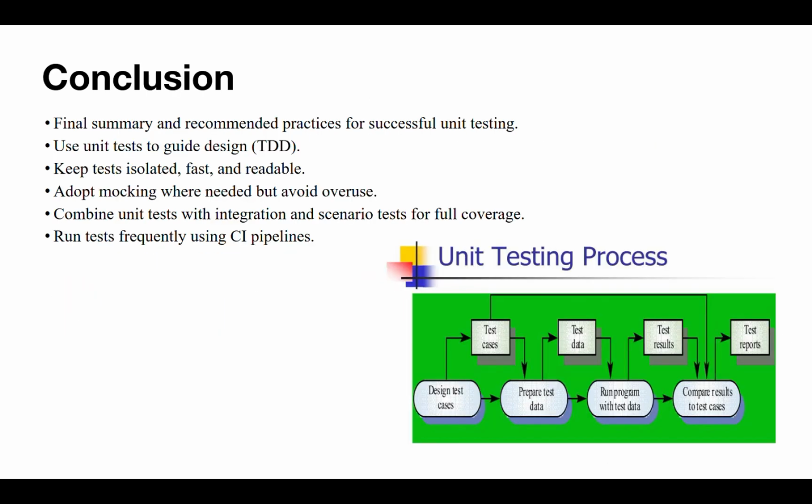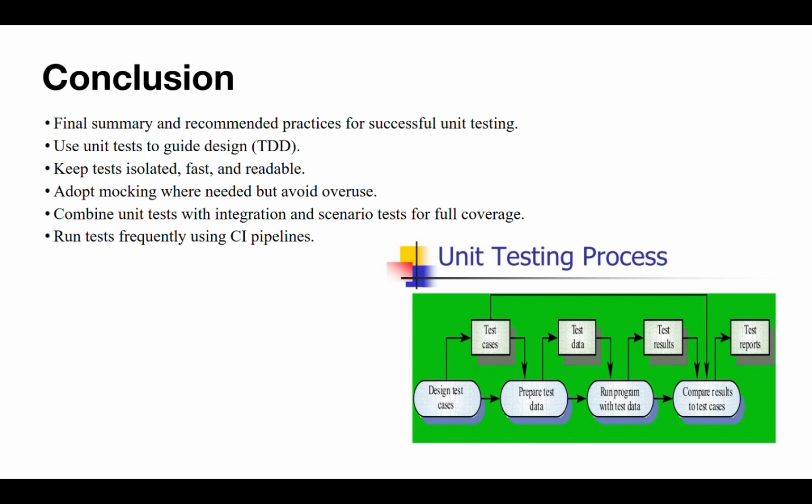To wrap up, unit testing is essential for building high-quality software. Start testing early, using test-driven development when possible. Write clear, focused, and isolated tests using tools like JUnit and Mockito. If you're doing Python, you can use PyTest.